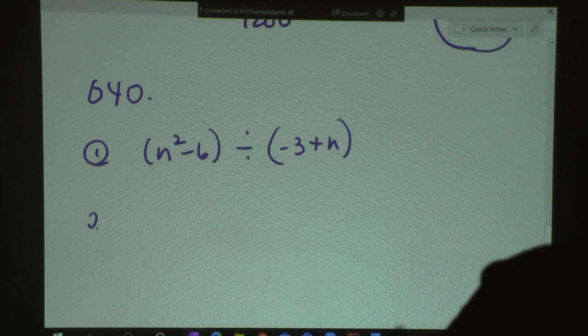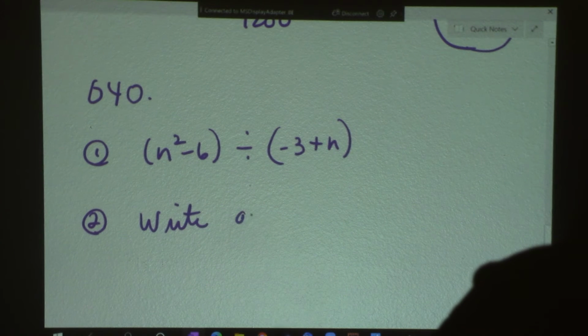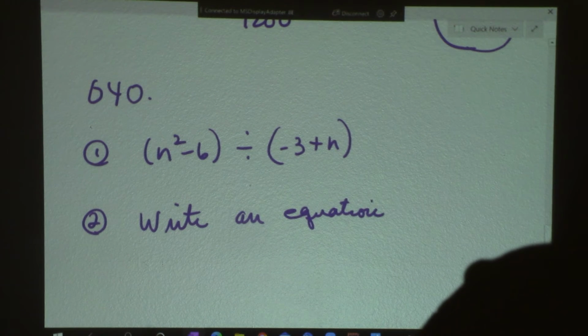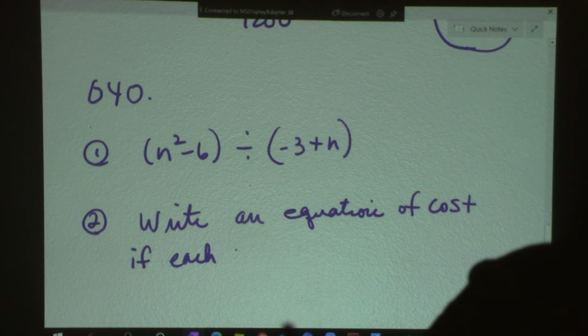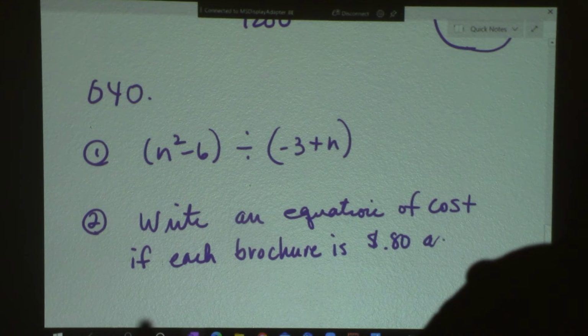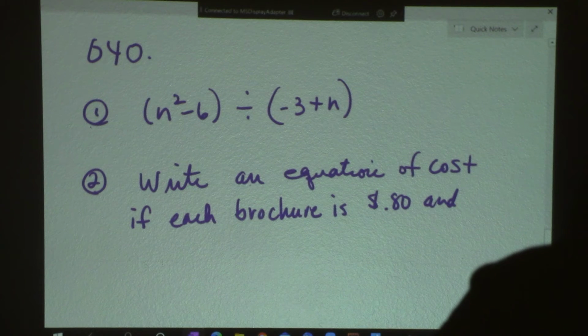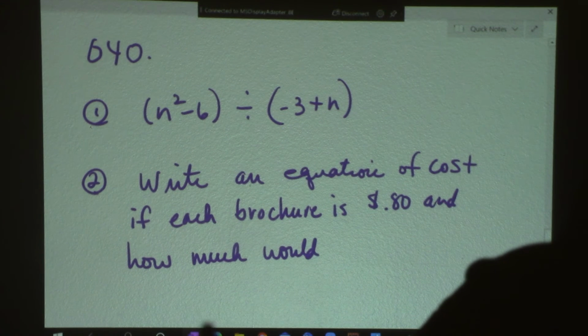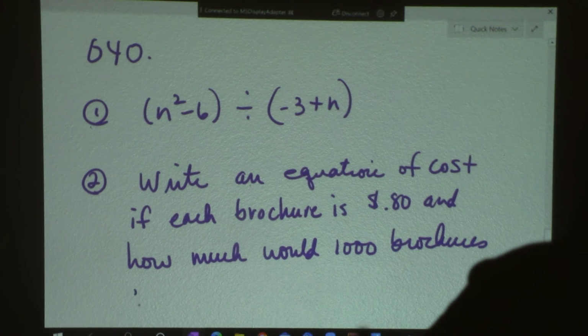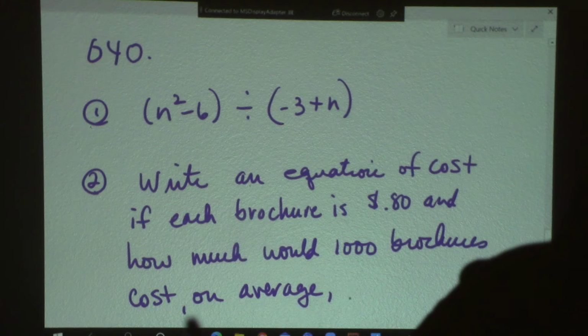And the second one is write an equation of the cost if each brochure is 80 cents and how much would 1,000 brochures cost on average per brochure.